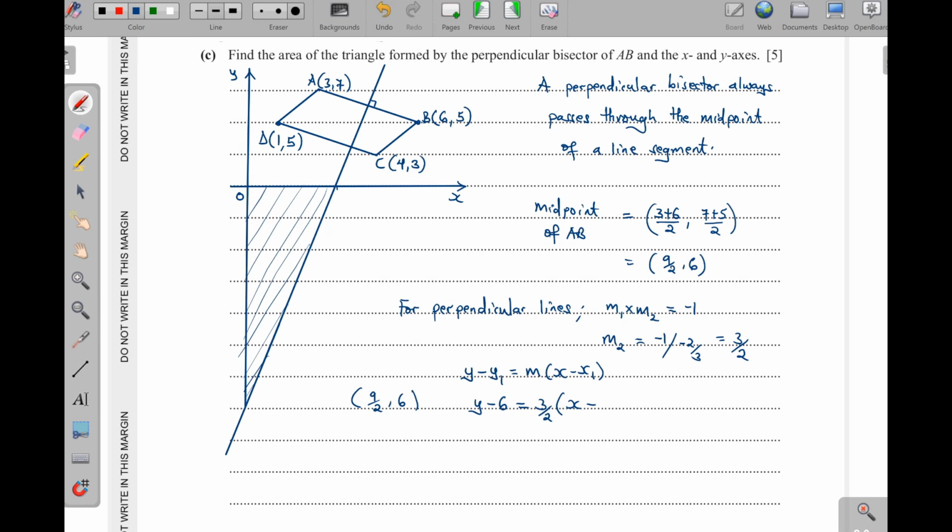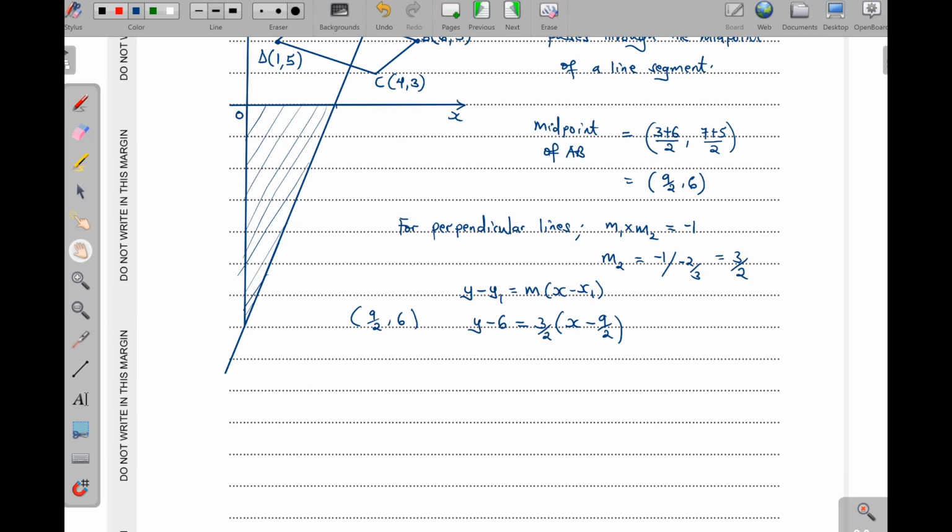The x1 is 9 over 2. Remember, we are supposed to get where it intersects the x-axis. So we can say on the x-axis, y is equal to what? 0. So when I substitute it here, it will be -6, which is equal to 3 over 2 into (x minus 9 over 2).